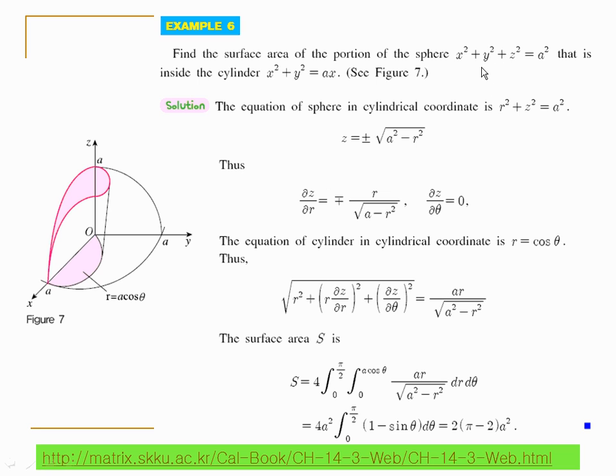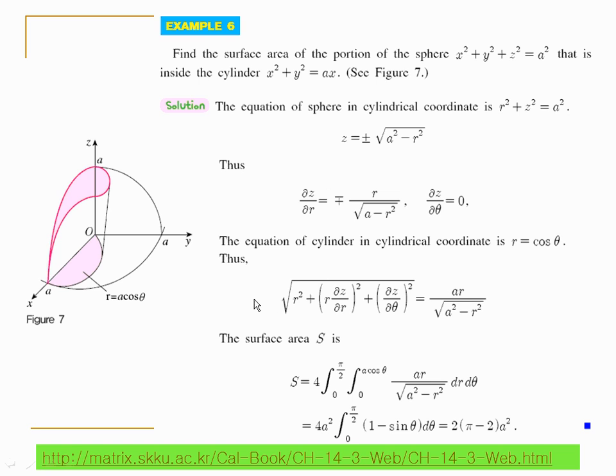We can utilize the formula for the surface area as we saw on the earlier page. Then we use polar coordinates to transform the formula. So we look for the partial of g with respect to r and with respect to theta, where x is r cosine theta and y is r sine theta.